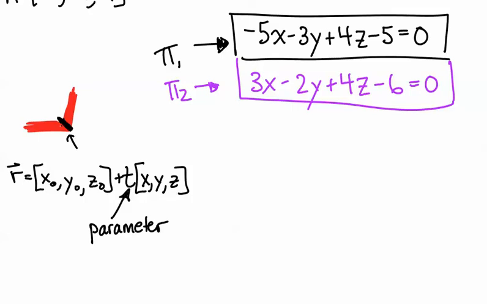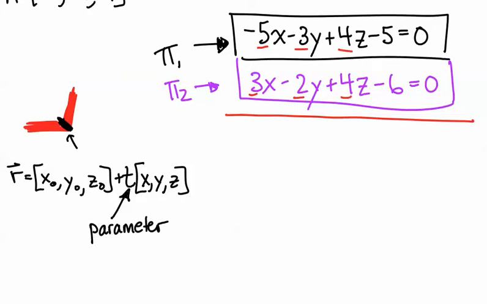Okay, so first goal: we want to eliminate one of these variables. So we're going to add or subtract these equations, or multiply one equation by some number. So we want to look at the coefficients. 5 and 3 are not the same. -3 and -2 not the same. 4 and 4, those are the same.